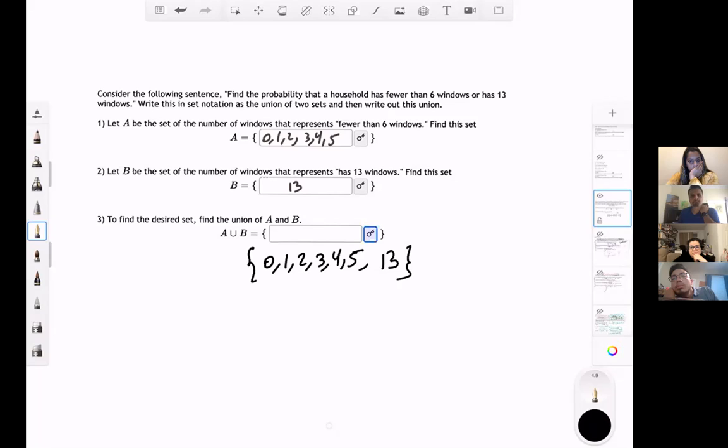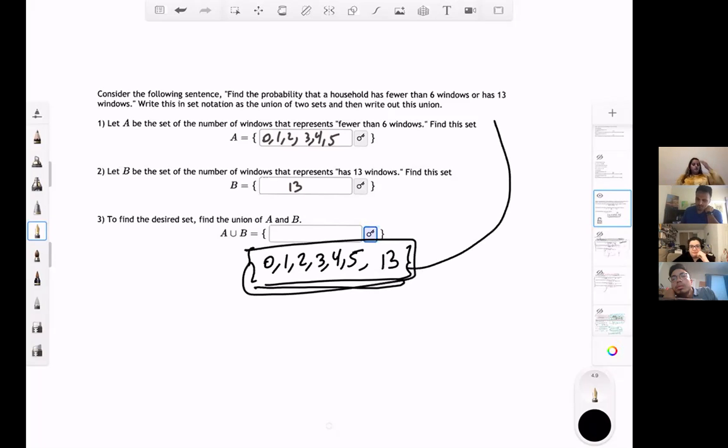Yeah, this is a set. We're not repeating any number inside, and it's in increasing order. So there's nothing wrong with the set property. And what we have here is exactly what they're saying here: fewer than 6 windows or 13 windows. So basically they're teaching us how to find the answer.